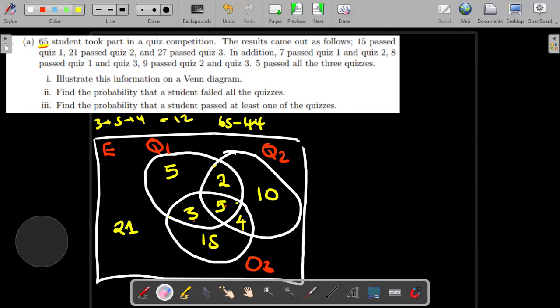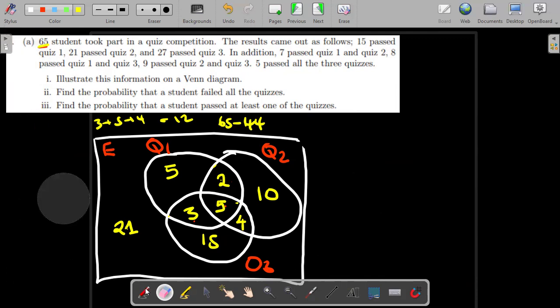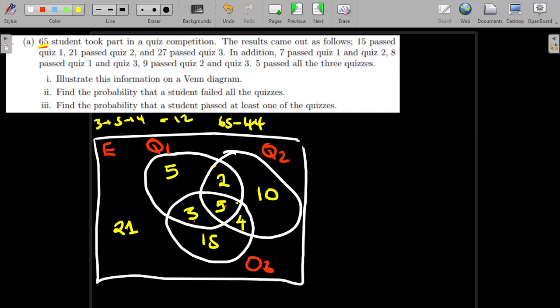So part 2 says find the probability that a student failed all the 3 quizzes. So we check here how many passed all the 3 quizzes.